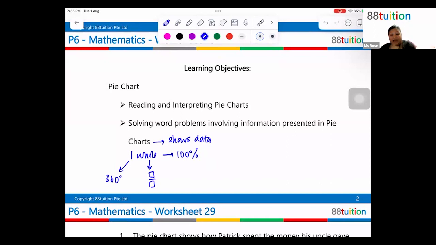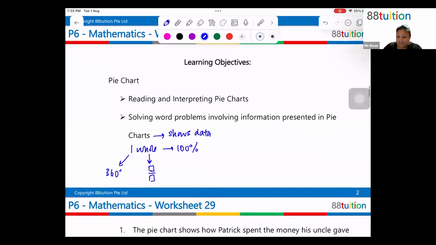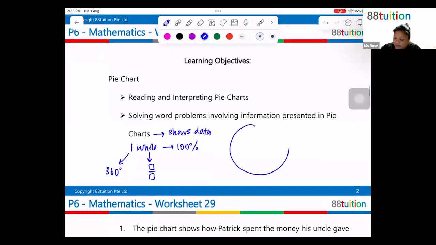So the pie chart is quite flexible. In other words, the data can be in the form of percentage, whole numbers, fractions that make up one whole. You can also put it in the form of degrees, which is 360 degrees. So a pie chart is always a circle.